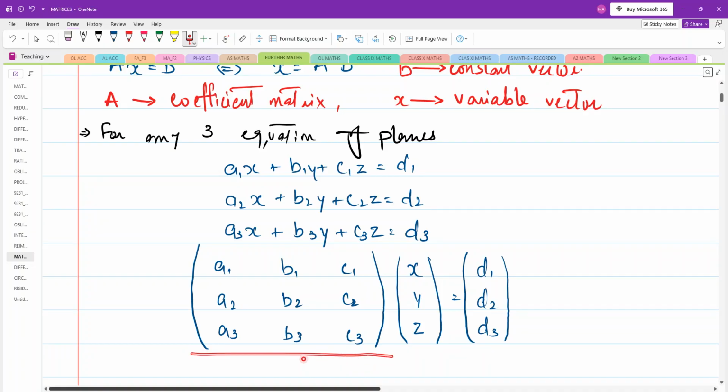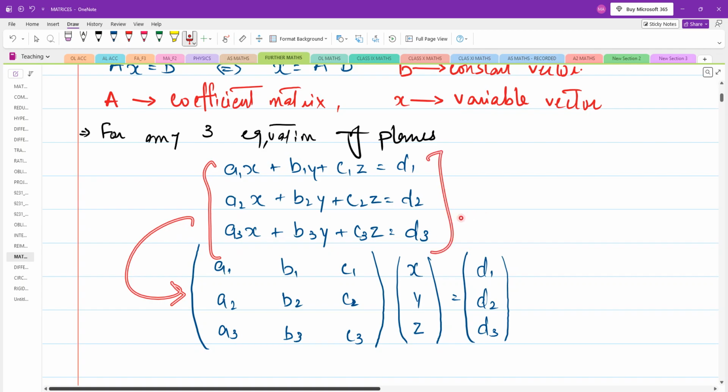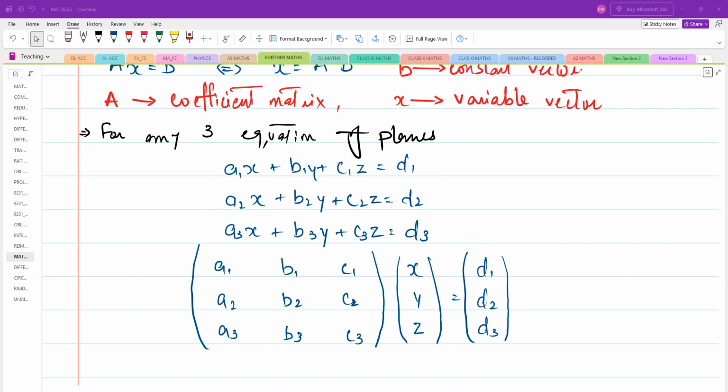This 3 by 3 matrix will then be multiplied by a column vector x, y, z, which will then result in d1, d2, d3. So this is basically the way of transforming three linear equations of three variables into a matrix problem.